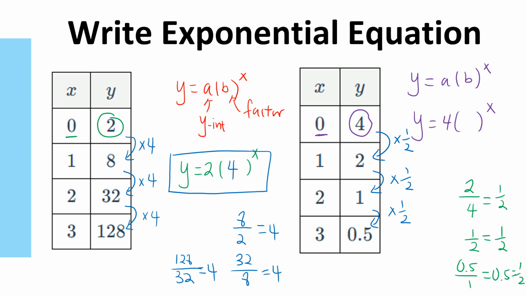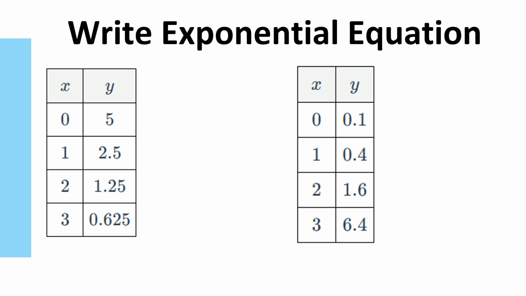So as you can see, the factor for this table is 1/2. Even though in these two problems the y values are a bunch of decimals, you can still find your factor b the same way we did earlier.